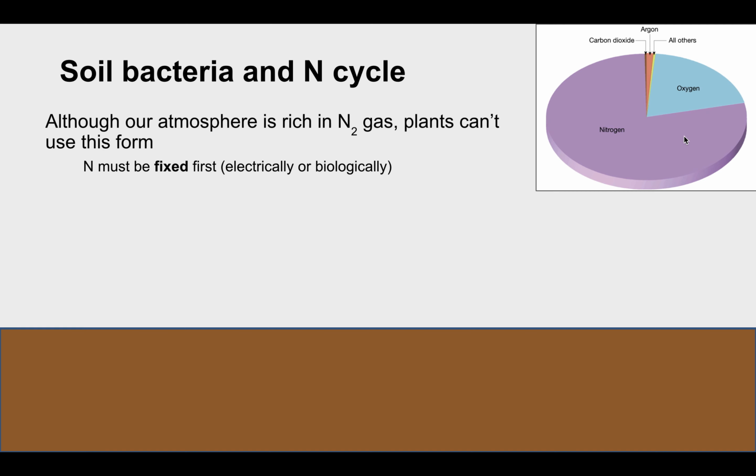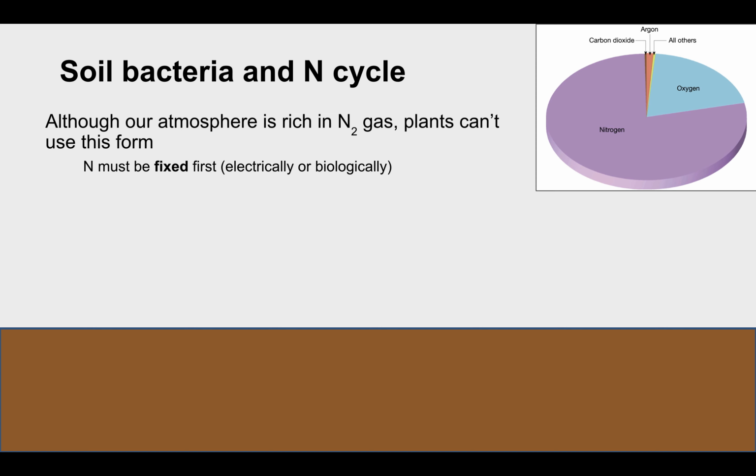So it might seem that it should be easy for plants to take up, but the problem is that nitrogen is in this gas form. It can't be used by the plant when it's a gas. It has to be fixed or transferred to another molecule, essentially, to be able to be used by the plant.